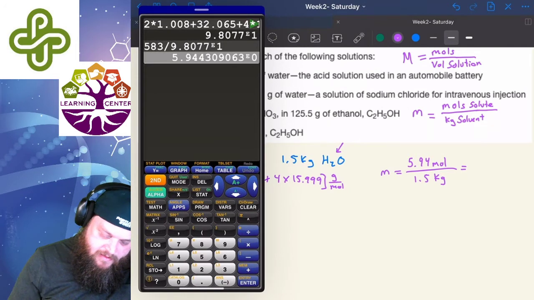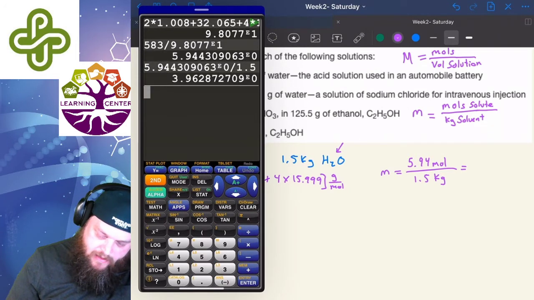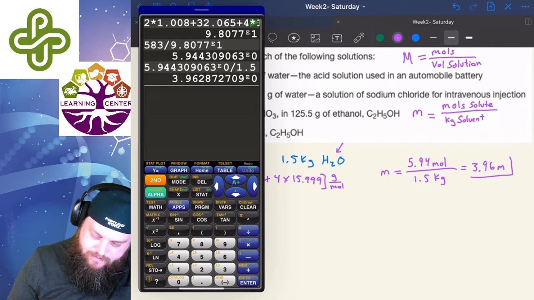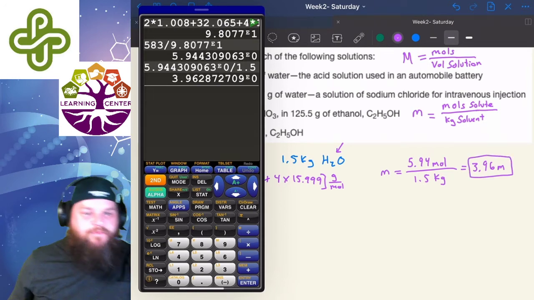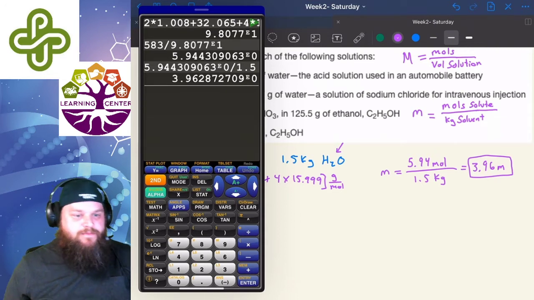So if we divide by 1.5, we get 3.96 molal. And that molal is equal to moles per kilogram.